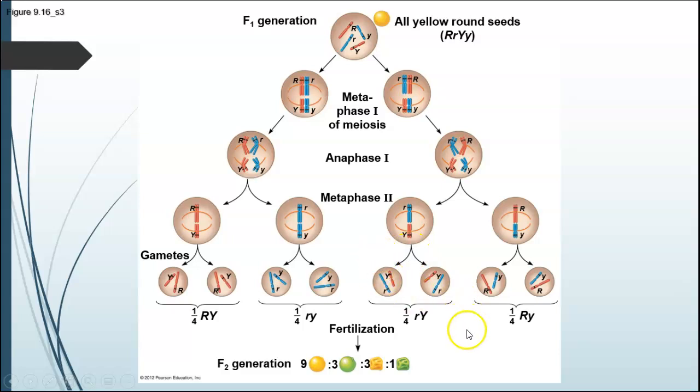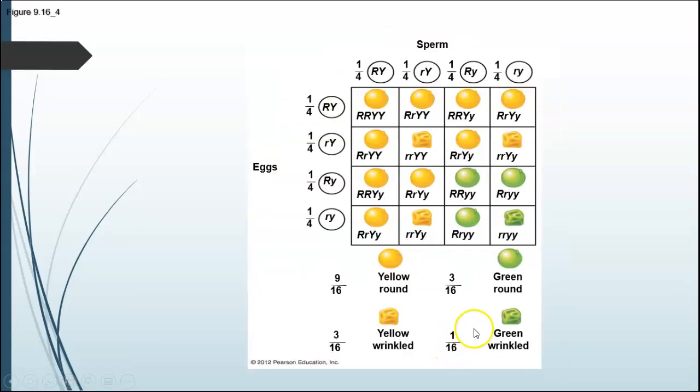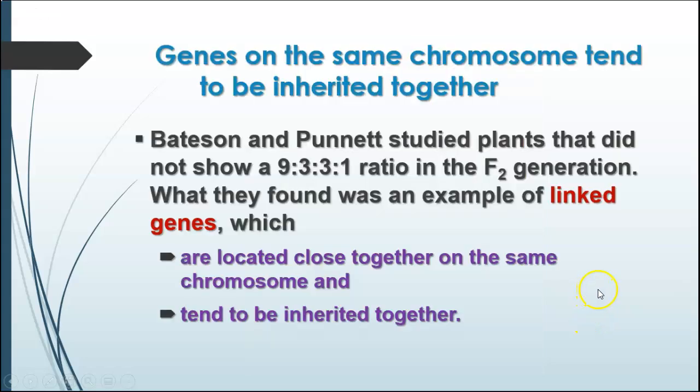And then in meiosis 2, when you separate out the chromatids, you end up with this relationship between the different kinds of gametes that can be produced. And when fertilization occurs, then that's going to lead to our F2 generation with that 9:3:3:1 ratio when you cross two heterozygous parents for two traits. Okay? And so it all relates back to the chromosomes.